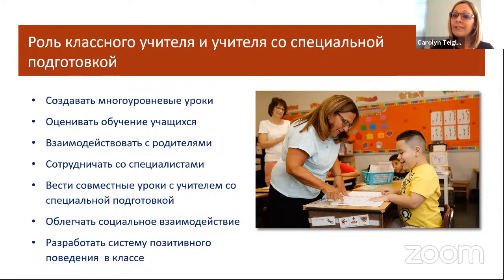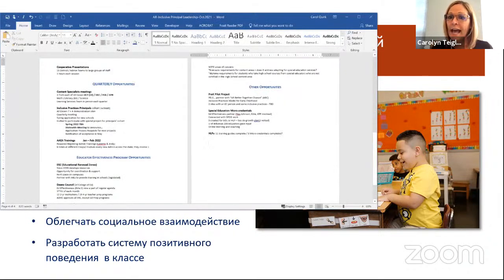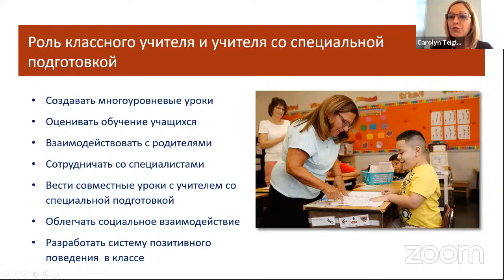These teachers need to work collaboratively or together, as we showed in the previous photo, to develop lessons that are multi-level, meaning that if you have a variety of learning needs in your classroom, you need to make very deliberate decisions about how you're going to deliver instruction to your students, what role each of you is going to take on any given day, how you're going to distribute the students, and how you are going to deliberately meet the needs of the students in the classroom.